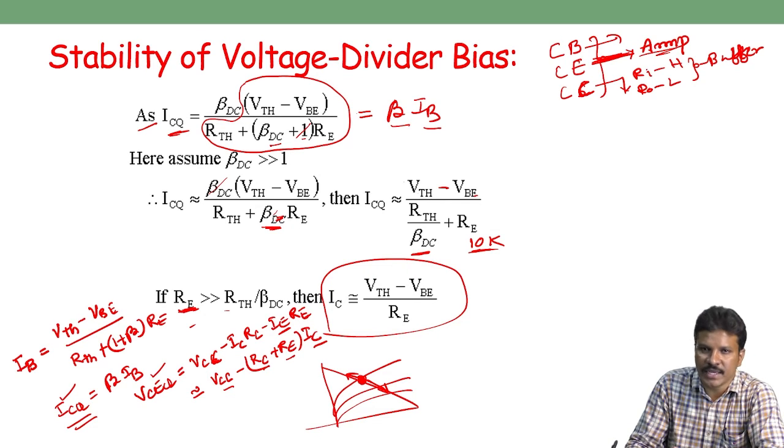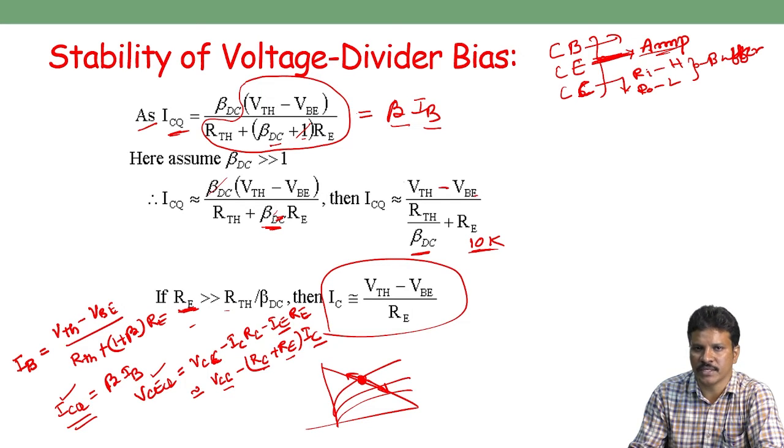In order to get a CE amplifier with faithful amplification, which biasing should be preferred? We actually have four to five different kinds of biasing, like emitter feedback bias, collector feedback bias, fixed bias, voltage divider bias. Among all those biasing networks, voltage divider bias is the preferable and eligible biasing for an amplifier because it is independent of beta.